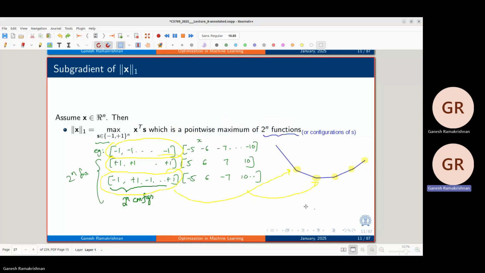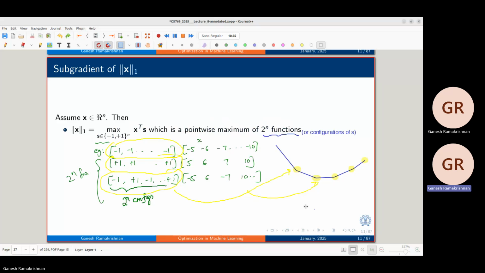So how do I write this convex hull? What would these active functions correspond to? Wherever there is a non-zero element in X, there's exactly one element I need. The sign is basically going to be flipped: minus of the sign.